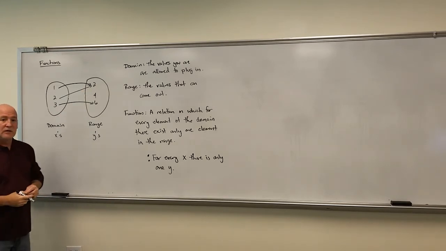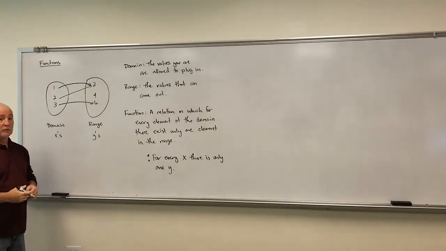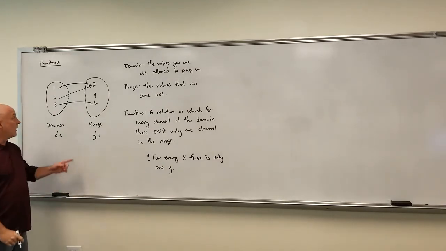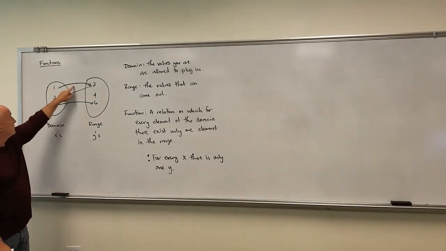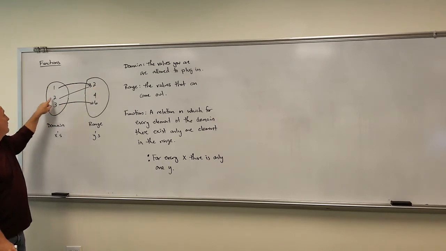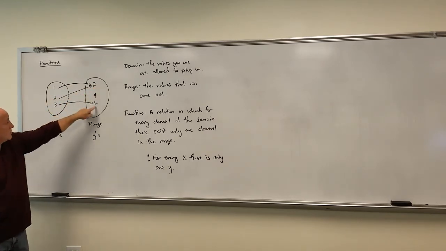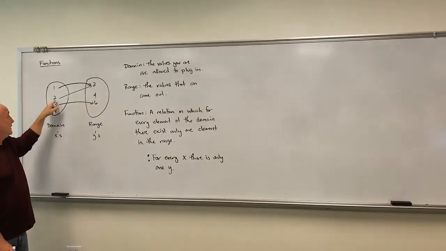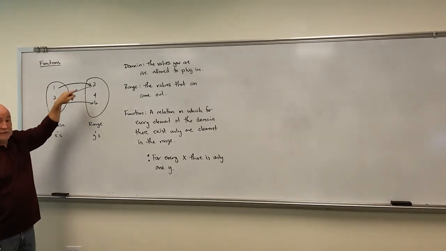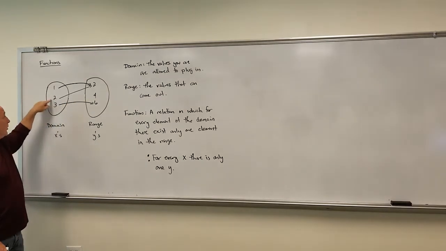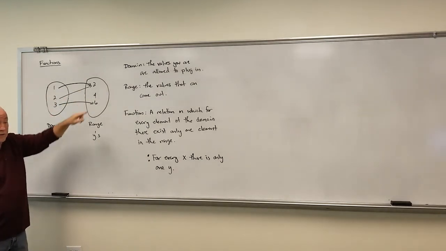Is that still a function? Well, some of you out there are going, no, it's not. But it actually is. Because notice, if I plug a 1 into the machine, it only gives me a 2. If I plug a 2 in the machine, it only gives me a 2. If I plug a 3 in the machine, it only gives me a 6. It didn't say that when you plug in a value, you can't get the same value out. It just says when you plug something in, you can only get one thing out.